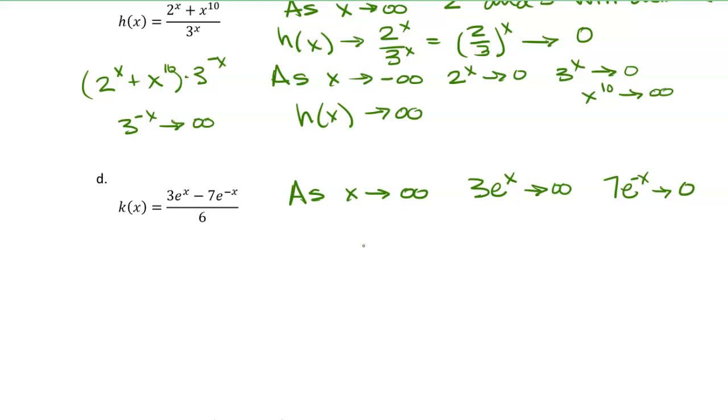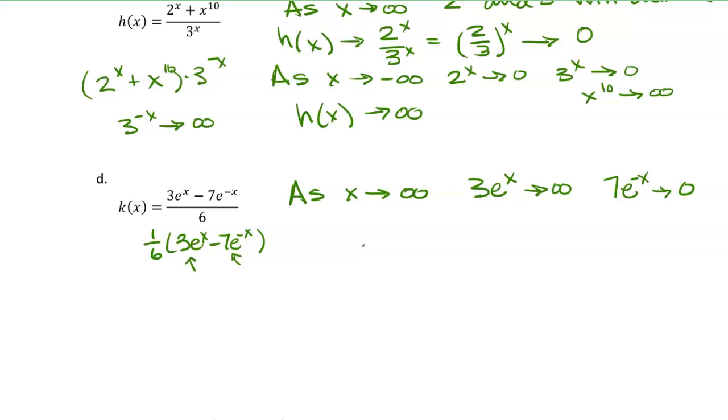All right, so we can rewrite this also as 1/6 times (3e to the x minus 7e to the minus x). And so we're just taking whatever's happening inside the parentheses times 1/6. Okay, this one, the first term is going to infinity, second term is going to 0.